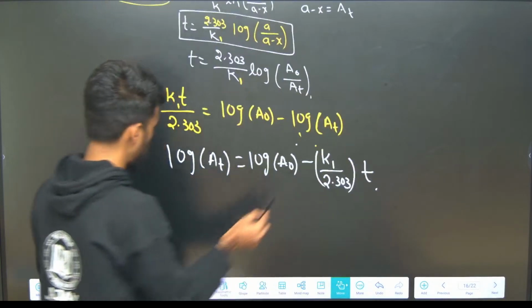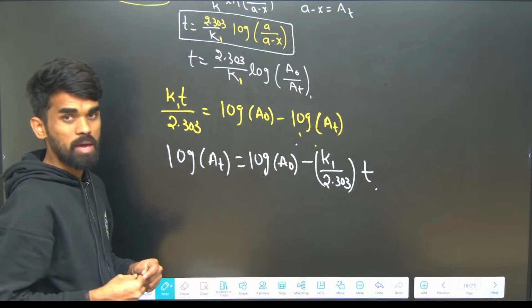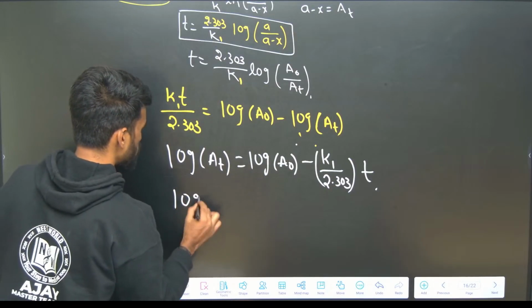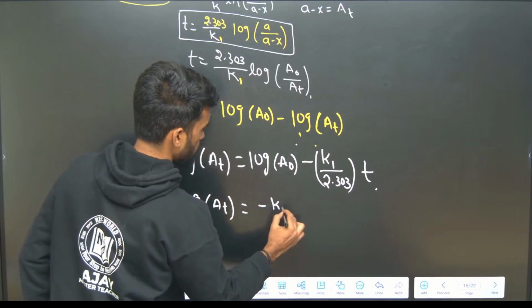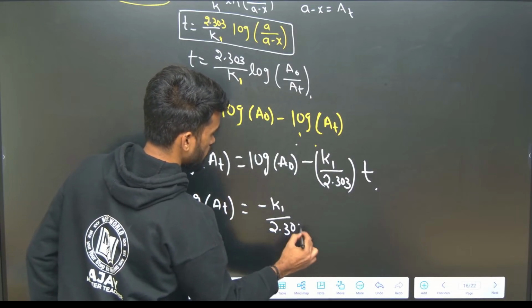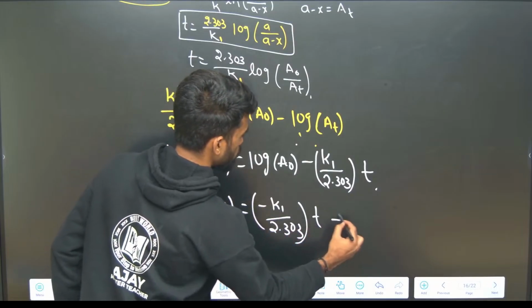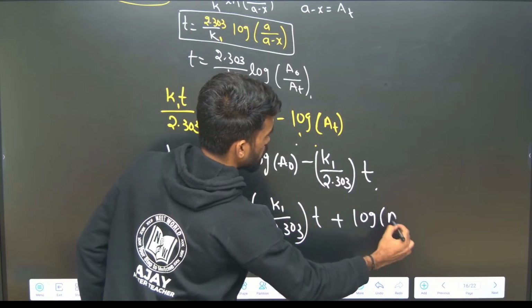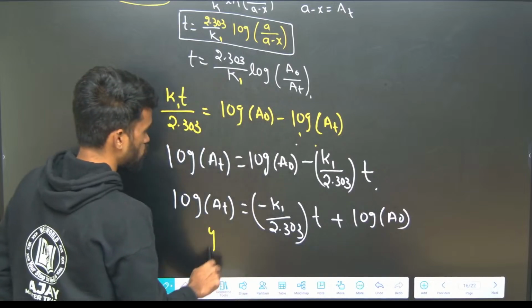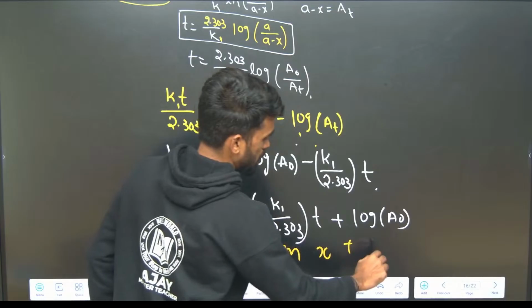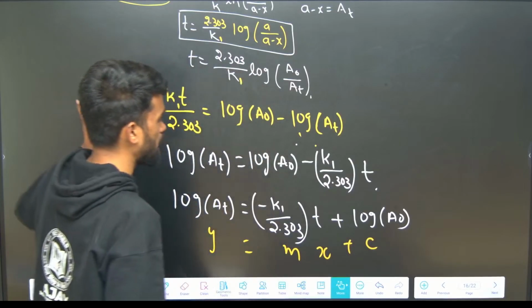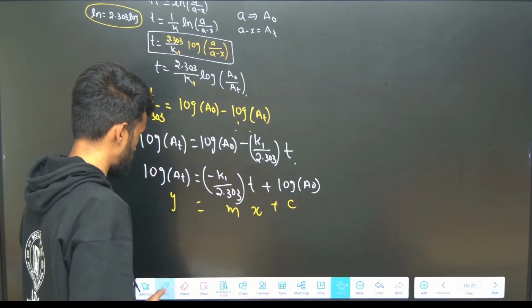Just look at this, it is in the form of y equals mx plus c. So log at is equal to minus k1 by 2.303 into t plus log a naught. So y equals mx plus c, where t is x. So we have a negative slope and a positive intercept.